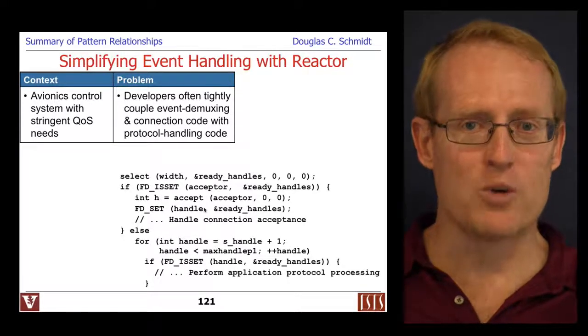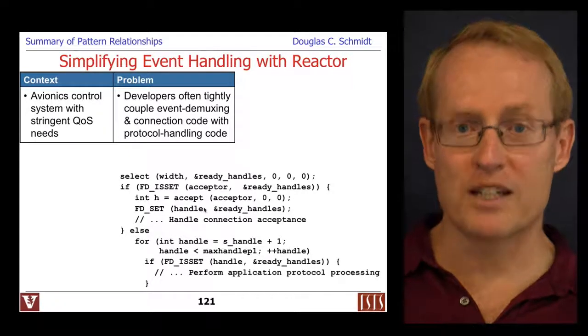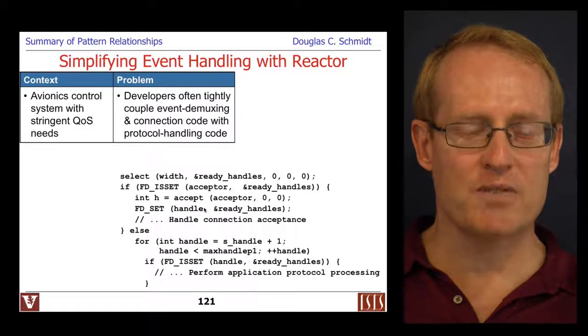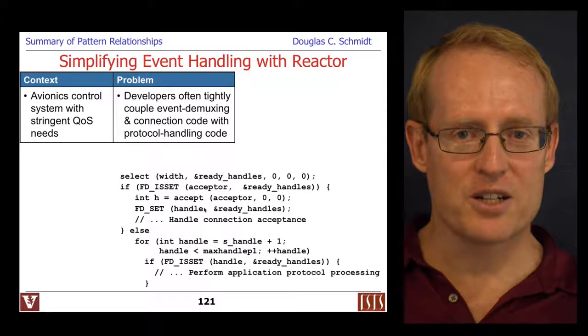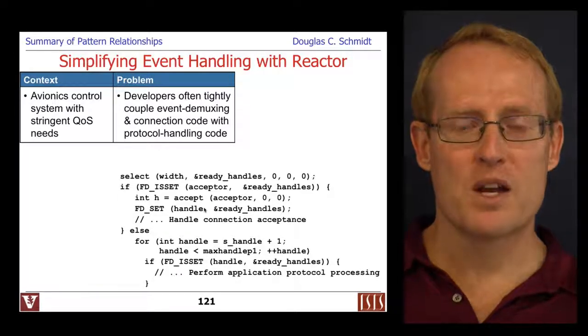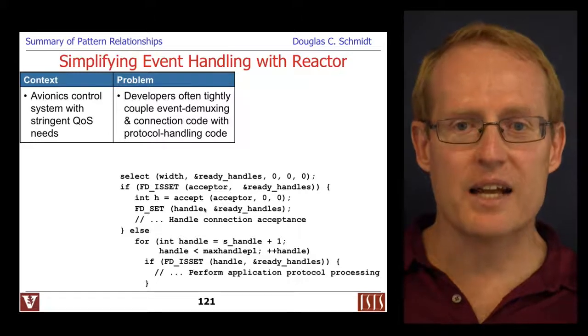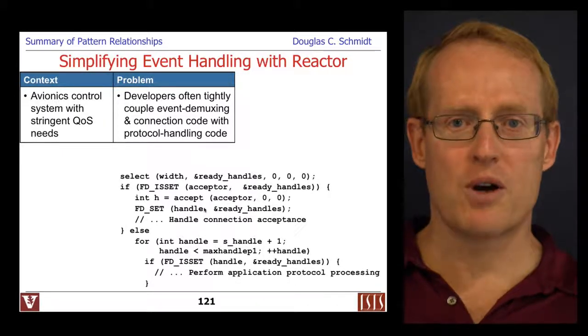Imagine, for example, we're using our avionics control system as the motivating example. We've got different processor boards, and they have to be able to communicate. Different parts of the application have to talk back and forth across the processor boards. The problem we have is people often historically have tightly coupled the connection management, demultiplexing, and protocol processing.